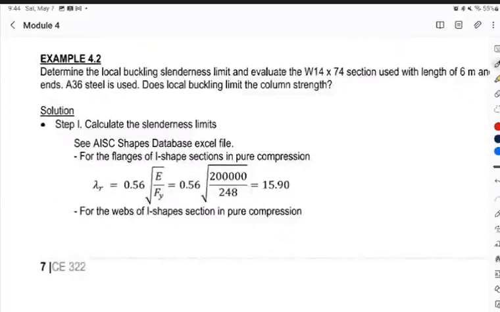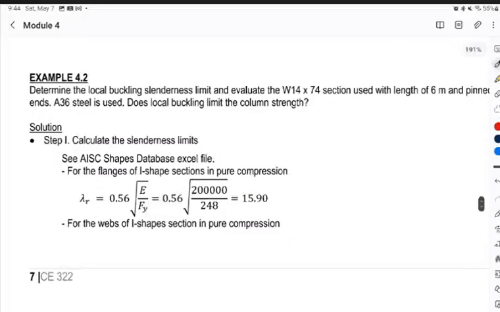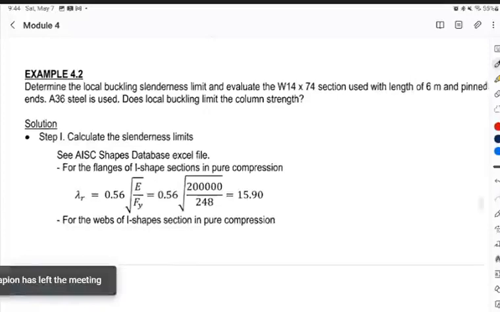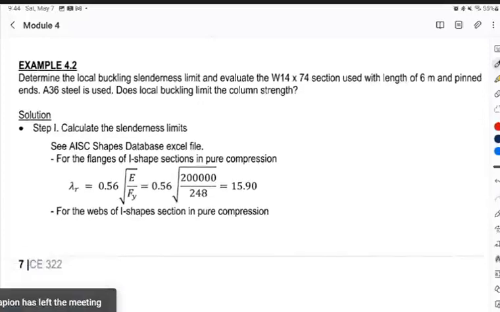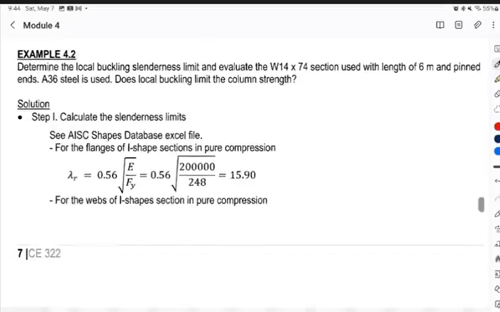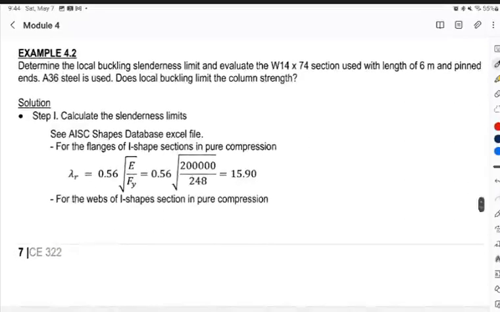So we have a W14 by 74, the section from our example earlier. Determine the local buckling slenderness limit and evaluate, using a length of 6 meters and pinned ends. Also A36 is used, no longer A992. Does the local buckling limit control the column strength?